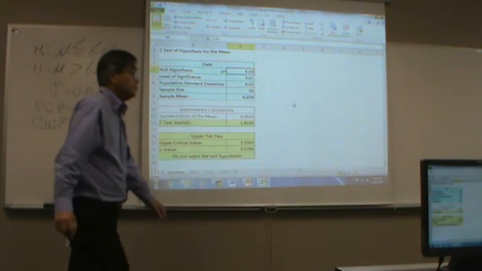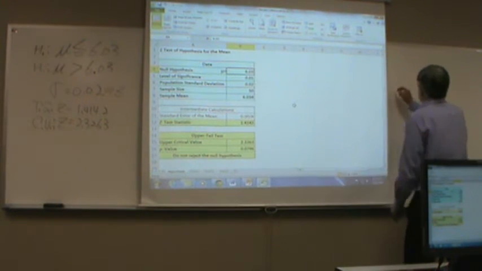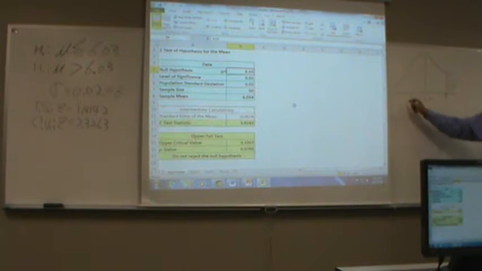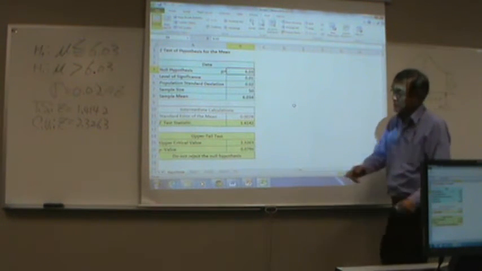Okay. This is a right tail, one tail test, right? On the mean, Z score equals 0. Left negative, right positive. So if it is right tail, upper tail, one tail test, critical value should be positive.